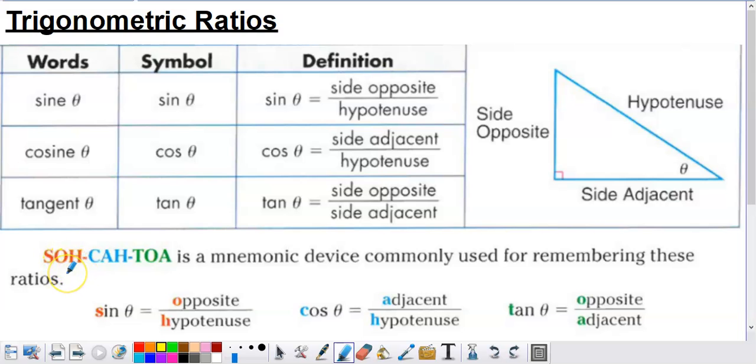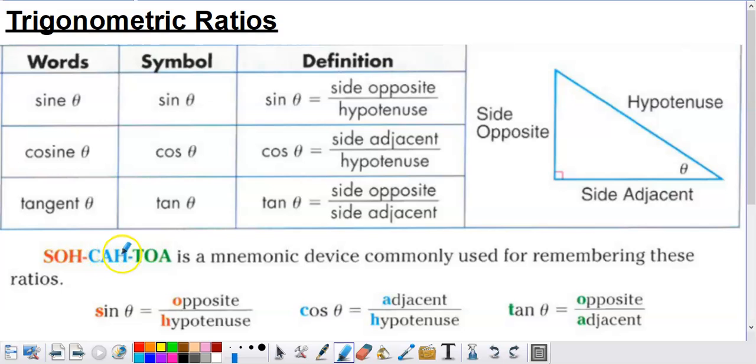SOH, the first syllable of Sohcahtoa: sine is equal to opposite divided by hypotenuse. Cosine is equal to adjacent divided by hypotenuse for the next syllable. And the final syllable: tangent is equal to opposite divided by adjacent. If you mess up the spelling of this, it's useless. If you don't keep the order correct, it's useless then. So sine is opposite divided by hypotenuse.